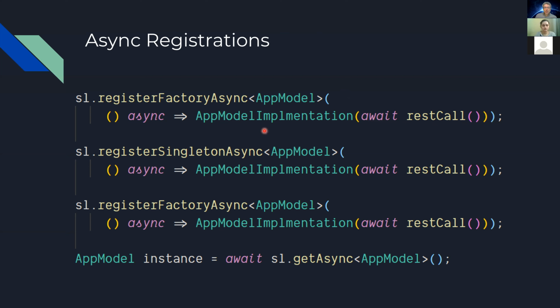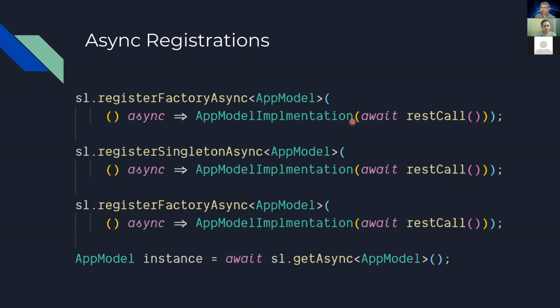So logically for this, we have factory async, singleton async, and, oh, I have registerFactoryAsync twice. Normally it should be lazy singleton async. Sorry, there's a bug in the slide. To use this, you use it exactly the same as the register function before, but you pass an async function as the factory function.